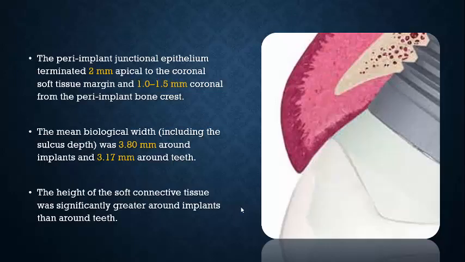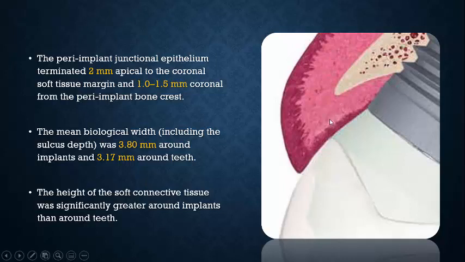And as we can see in this picture, around the implant we will have what we call the long junctional epithelium here, and then we have the connective tissue. The distance from the gingival margin to the alveolar bone crest is about 3.8 mm, about 4 mm.